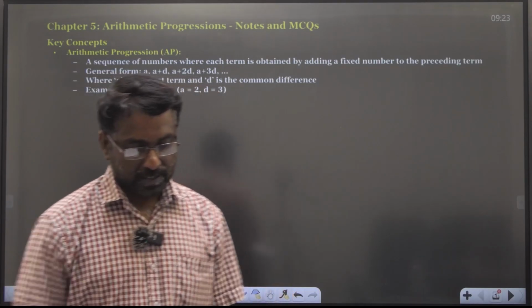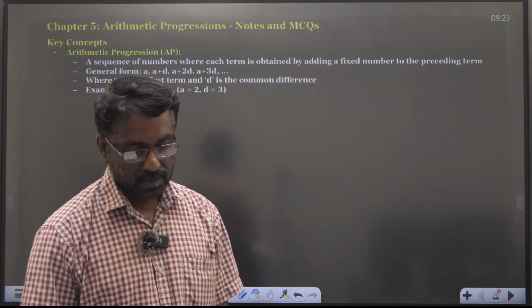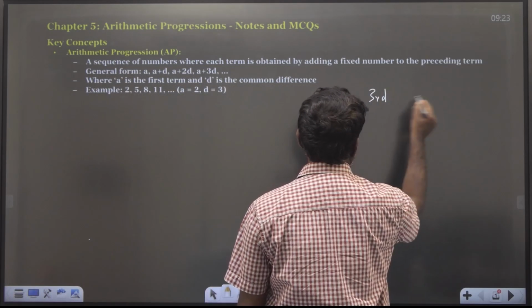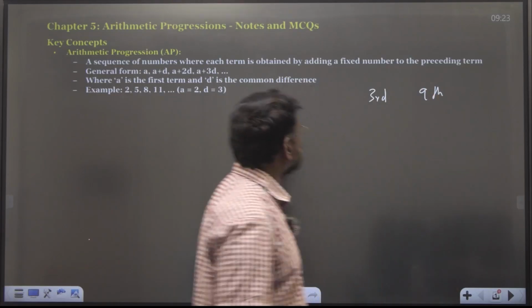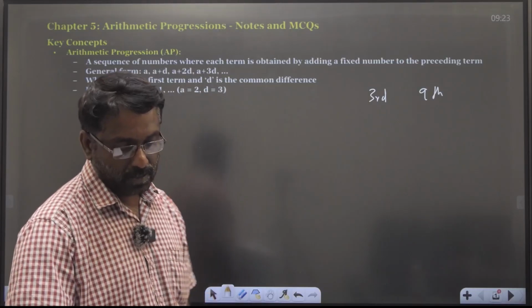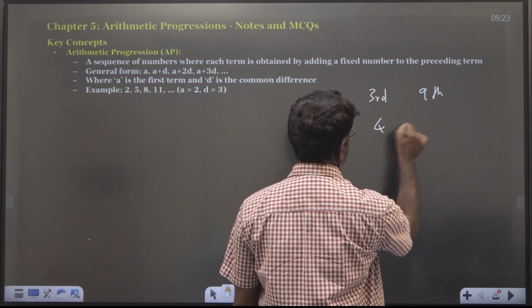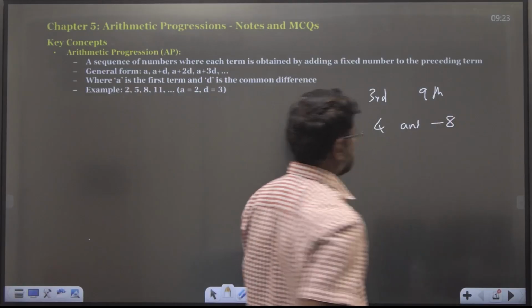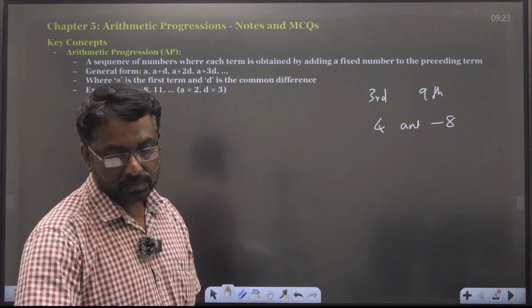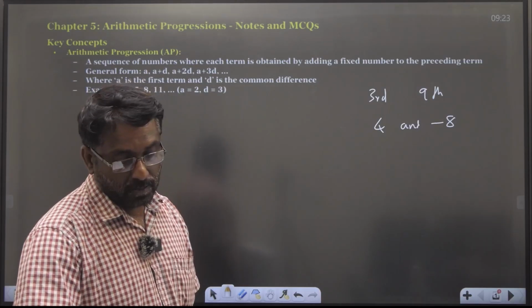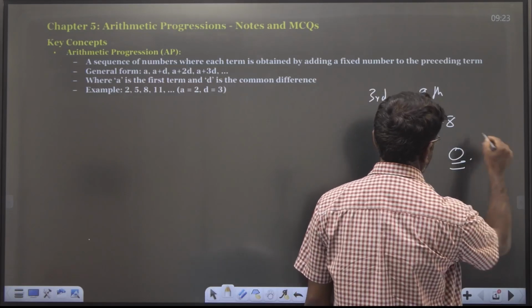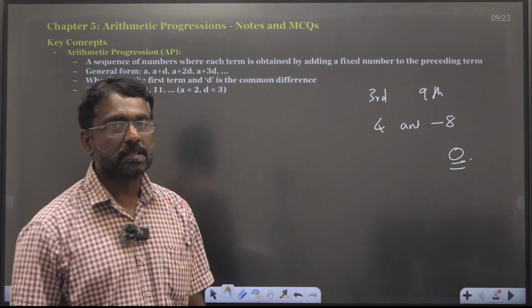If the third and ninth terms of an AP are 4 and -8 respectively, which term of this AP is 0?